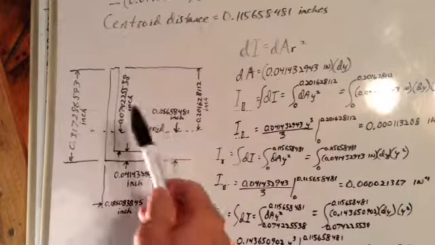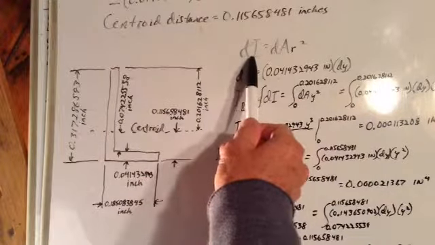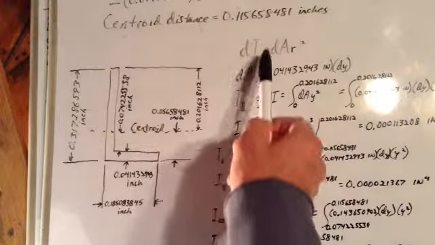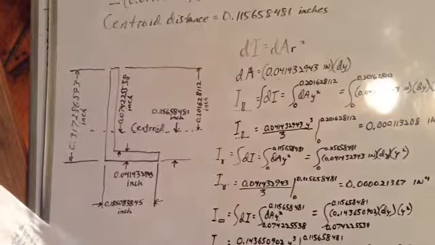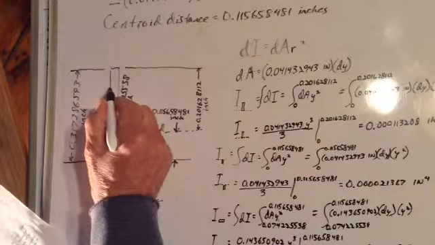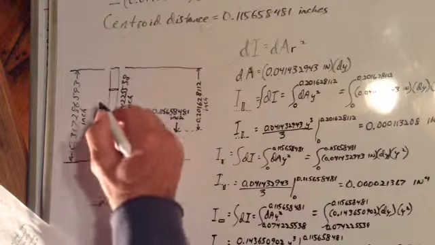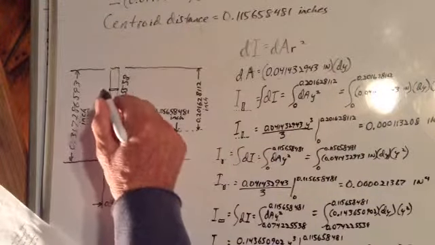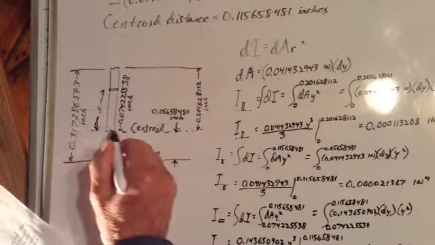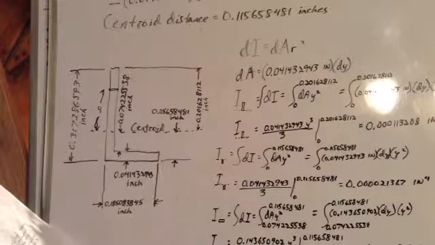Anyway, our formula for moment of inertia: the little itsy bitsy teeny weeny amount of moment of inertia, dI, is equal to an itsy bitsy teeny weeny amount of area. Let's just draw us a little area right here. Let's call this distance y. This is going to vary because we're going to integrate all the way from this line up to here. And that little area is dA.